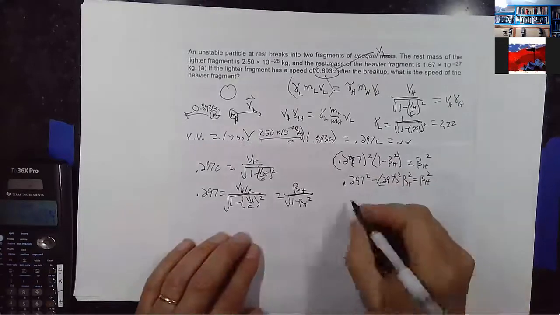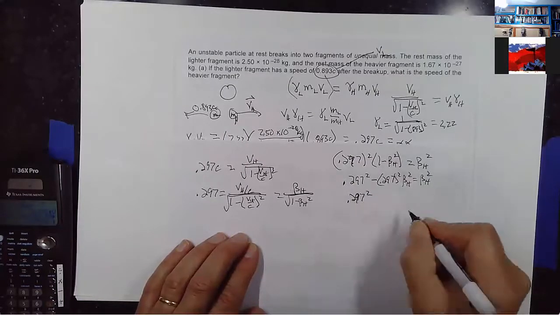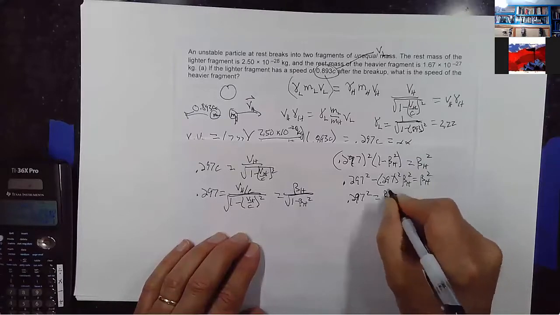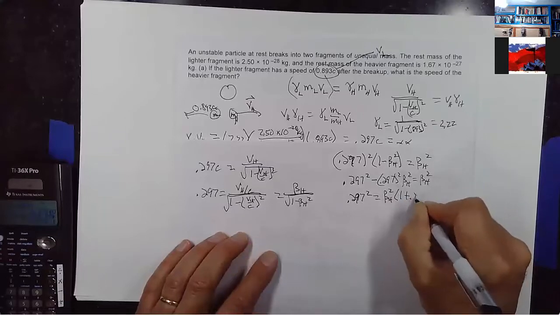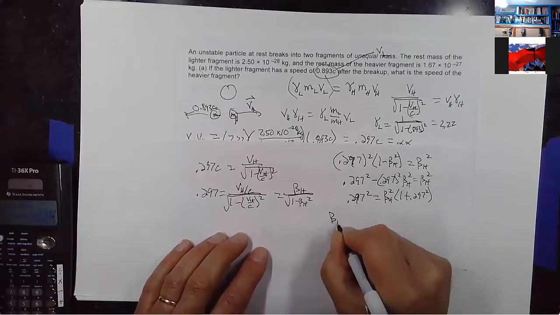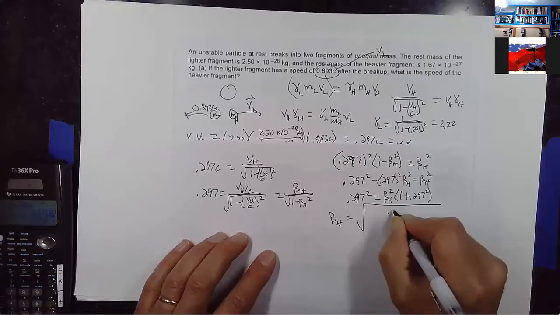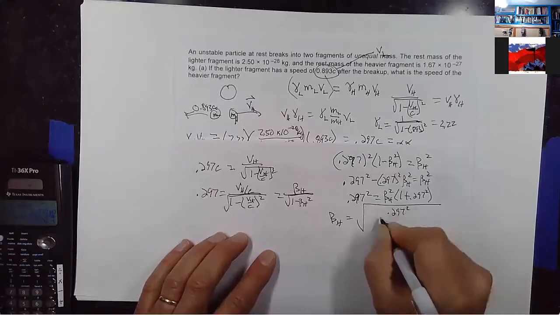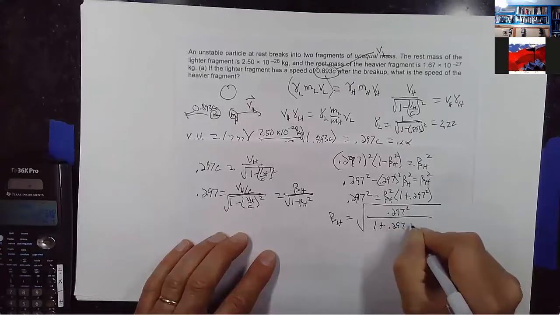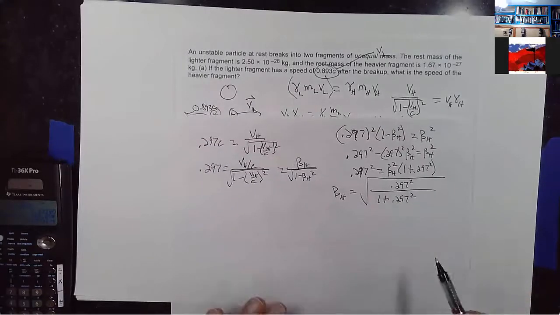Bring this across, and I'll have 0.297 squared is equal to beta sub h squared times 1 plus 0.297 squared, or beta sub h is going to equal the square root of 0.297 squared divided by 1 plus 0.297 squared. Okay, and I think that's about as friendly as I can make this thing.